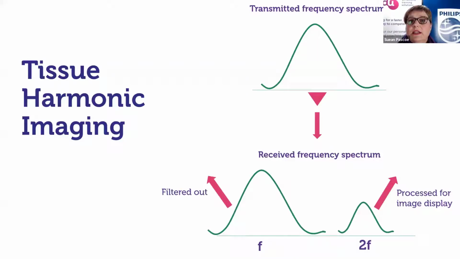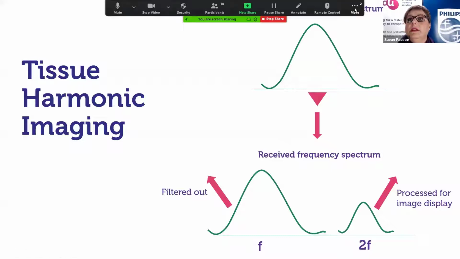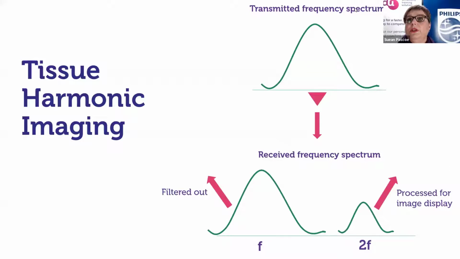Tissue harmonics imaging is a way for the machine to filter out some noise. So when you're doing things other than lung, it's great because it filters out a lot of stuff that you don't want. The principle is that you send out the ultrasound beam at a certain frequency, and then you only listen for the harmonic frequency, which usually occurs in multiples of that fundamental frequency.